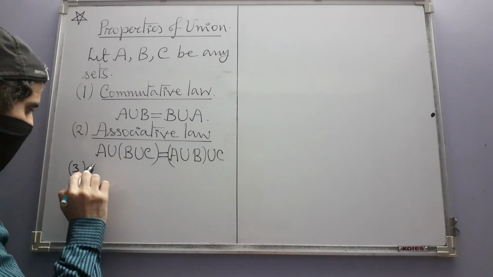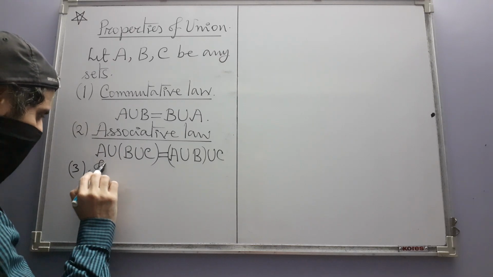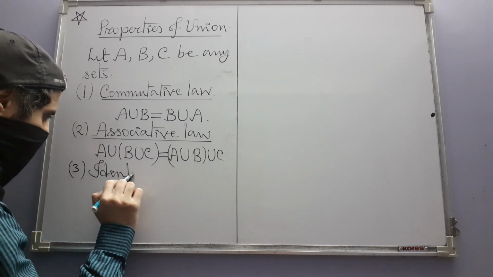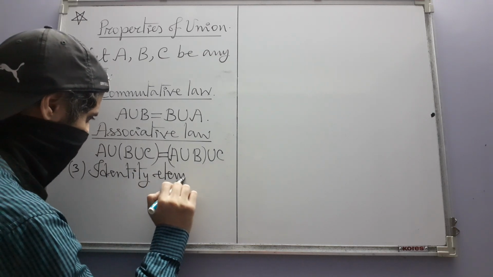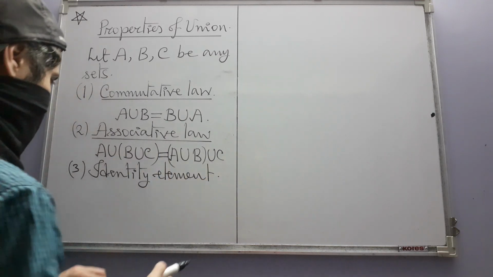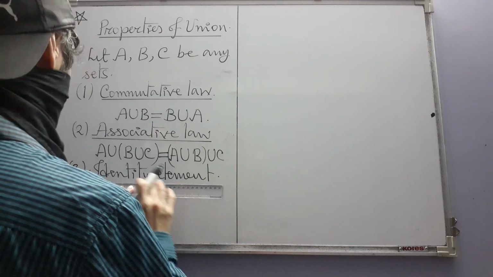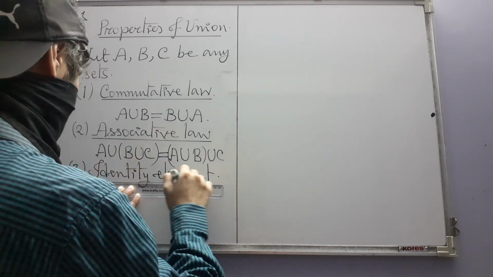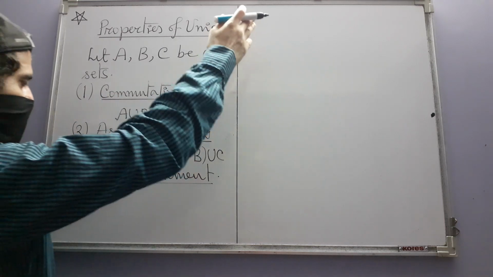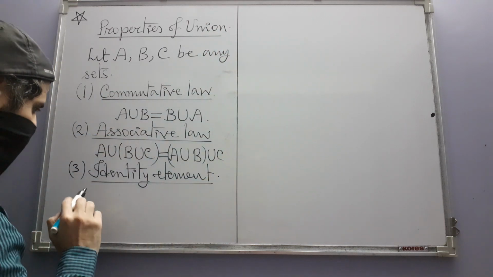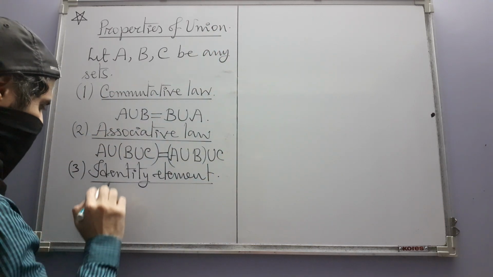3. Identity element. Okay, I think I will run out of space. But anyway, let me just write these three first, and on that side I am going to show the corresponding ones for numbers.